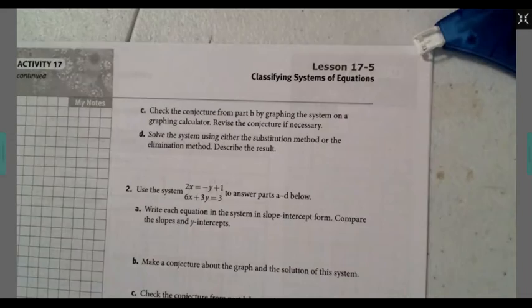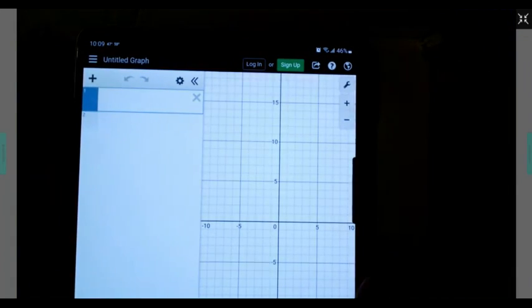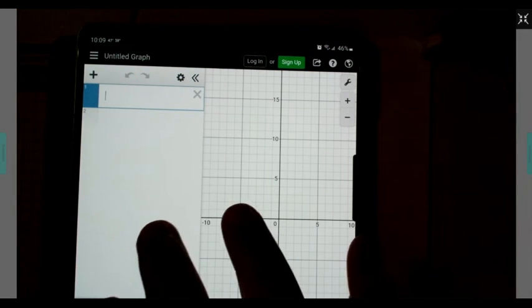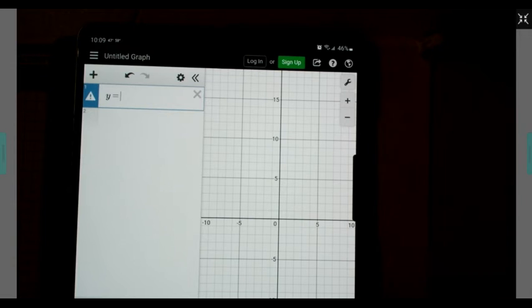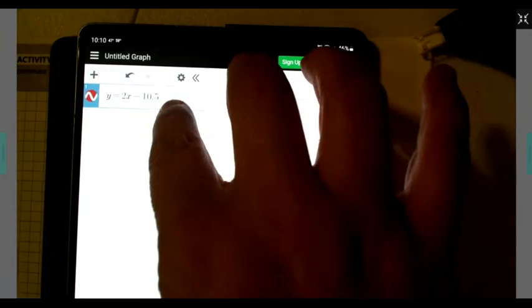Okay, it says check the conjecture from part B by graphing the system. I'm actually going to graph this in Desmos so we can see it. The first equation was y equals 2x minus 10.5.